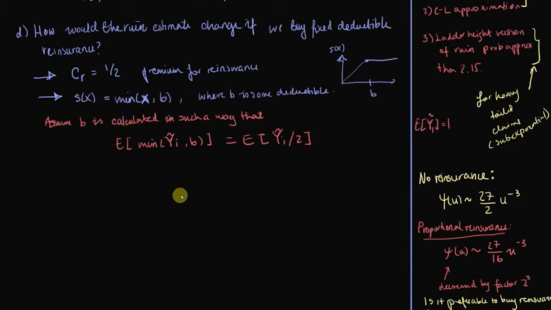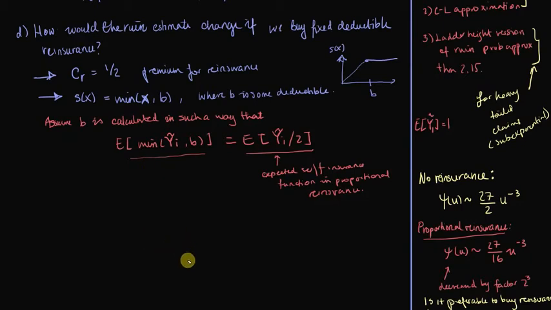Because if we assume that our self-insurance function has the same mean value as the self-insurance function in the proportional reinsurance case, so this is the expected self-insurance function in the proportional reinsurance case, well, then the expected value of the total capital is the same, regardless of whether we buy fixed deductible or proportional reinsurance, because in both cases the premiums are equal, and in both cases the expected claims are equal.